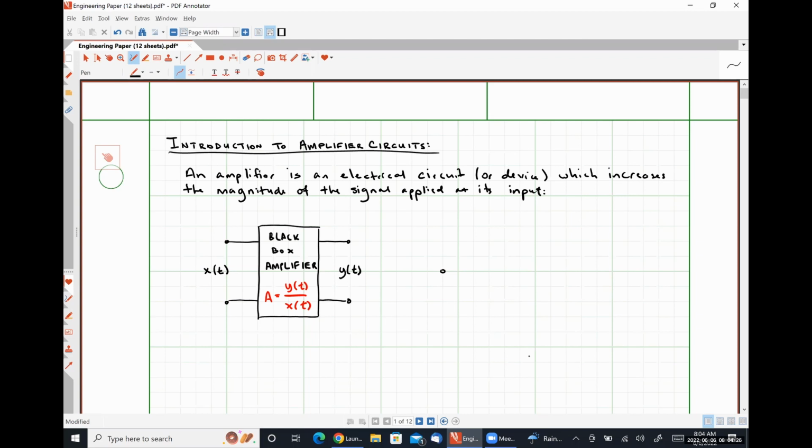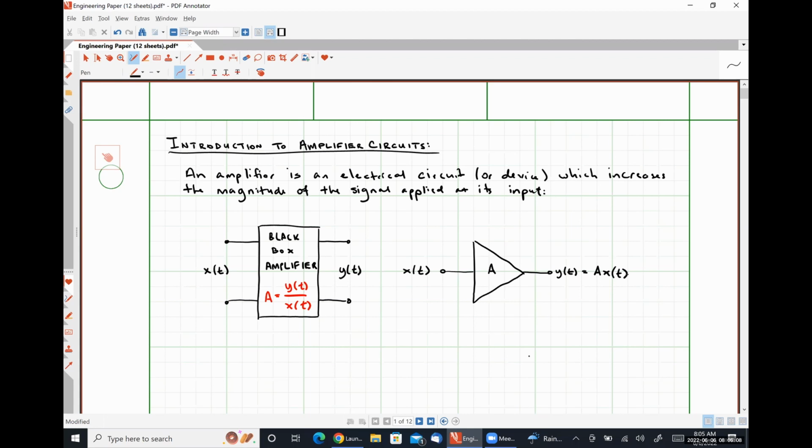Another way a system like this can be represented is with a signal flow diagram representation, which would look something like this, where we have, again, our input signal on the left-hand side, x of t, our amplifier here in the middle that has some gain A, and then over here on the right-hand side, we have our output y of t, which would be given by A multiplied by or acting on our input signal x of t.